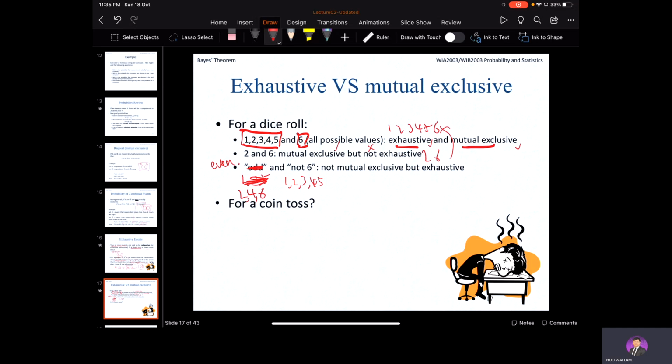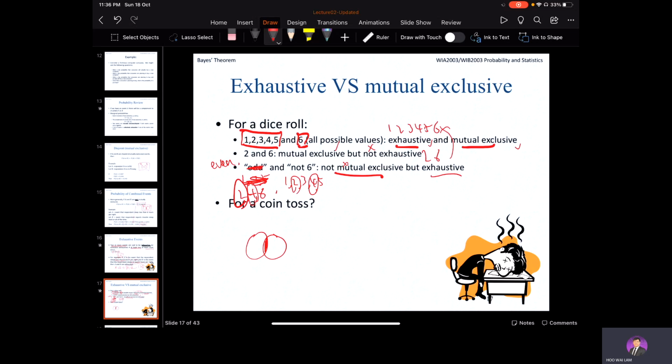So, not mutually exclusive, but exhaustive. Why is it not mutually exclusive? Because in the event outcomes, you have 2 over here, you also have 2 over here, you have 4 over here, you also have 4 over here. Your outcomes overlap. Remember, when your outcomes overlap, your Venn diagram has overlaps like this. So in that case, it's not mutually exclusive, but exhaustive.